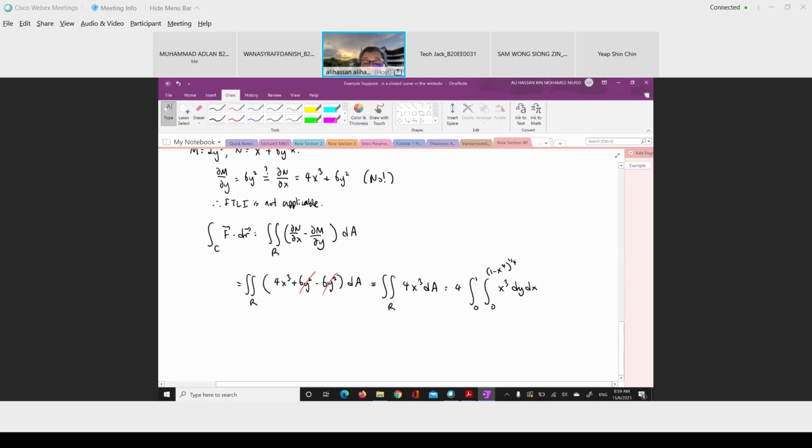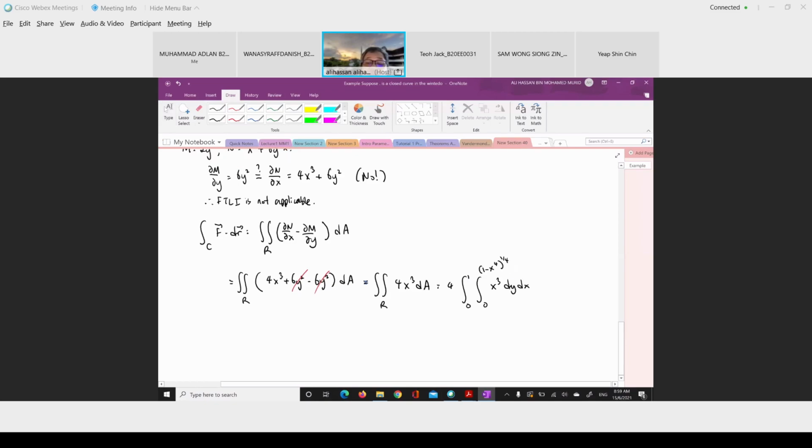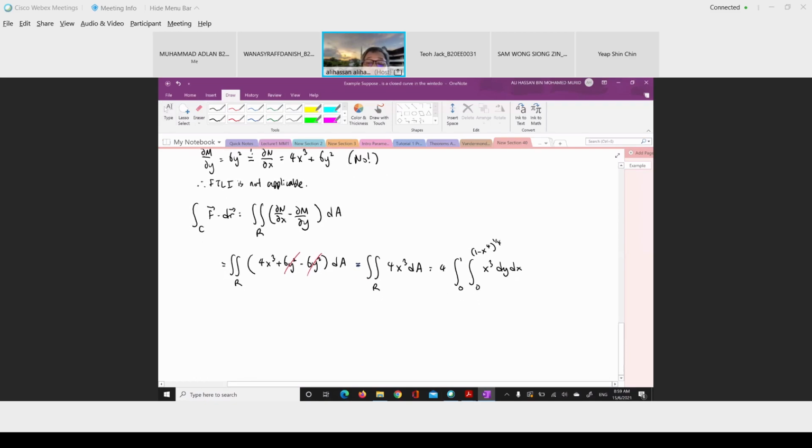Can I leave it to you to evaluate this double integral yourself? So we integrate with respect to y first.